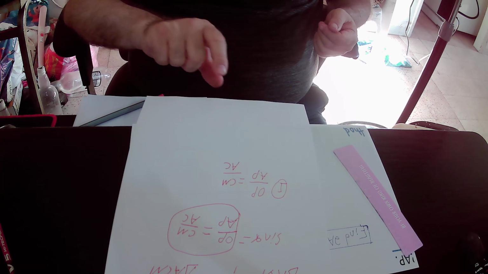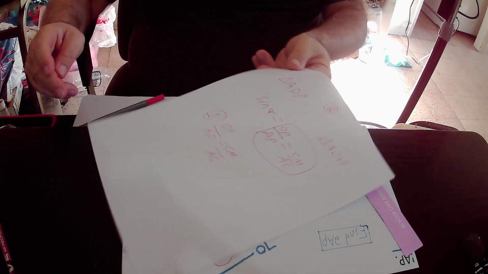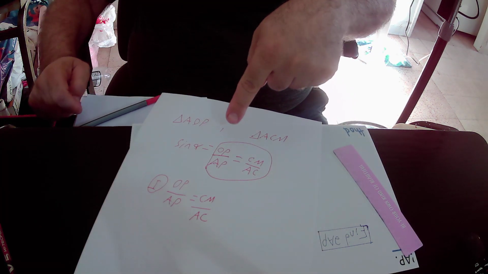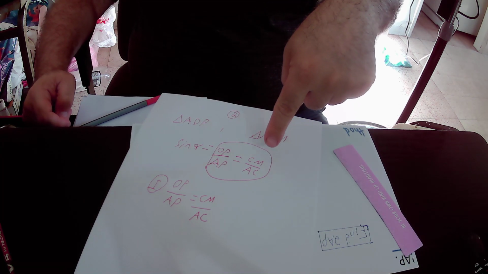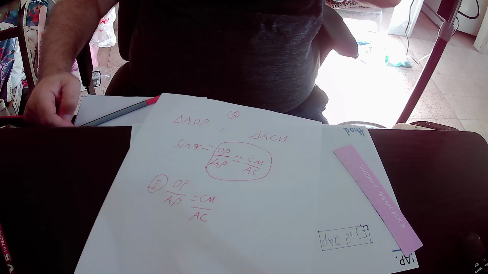Again, equation number 1 is the equality of OP over AP, which equals CM over AC.